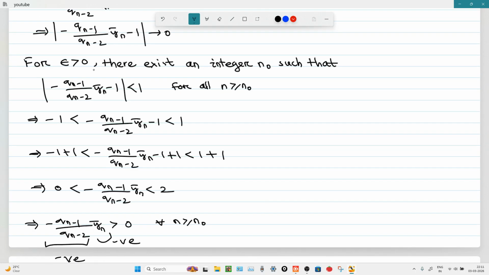Then for epsilon greater than 0, there exists an integer n0 so that minus q(n minus 1) divided by q(n minus 2) times yn bar minus 1 is less than 1 for all n greater than or equal to n0. We just add this term, then they become 0 and this is 2.